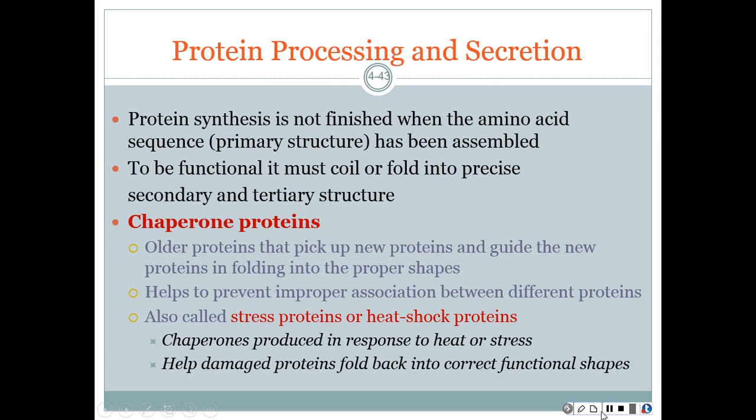The ER, the endoplasmic reticulum, and the Golgi complex or apparatus have important roles in protein processing and secretion.